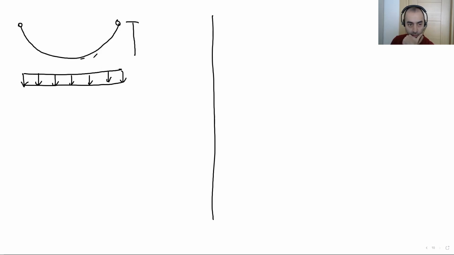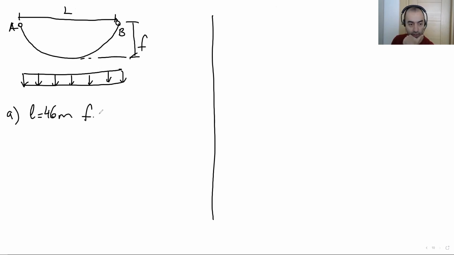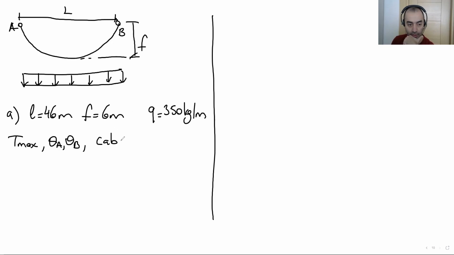Here we have F, here we have L, here A, here B. The first question, A: L is 46 meters, F is 6 meters, and Q is 350 kilograms per meter. The question is Tmax, QA, theta A, theta B angles, and cable length.